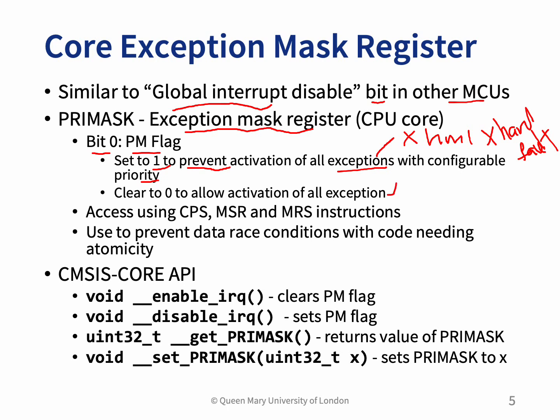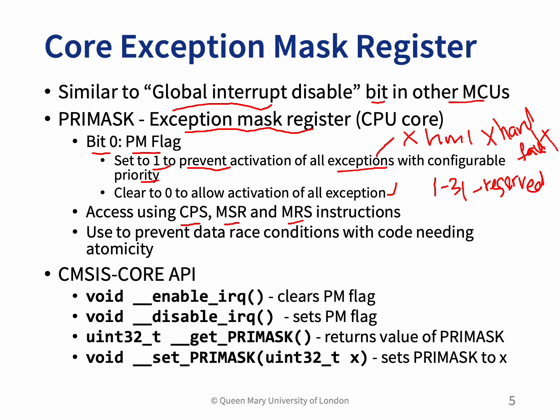So we know bit 0 is the PM flag status. Then bits 1 to 31 of the PRIMASK are reserved, so we do not need to care about the rest for now. The PRIMASK is accessed using CPS, MSR, and MRS. The CPS instruction is the change processor state instruction.